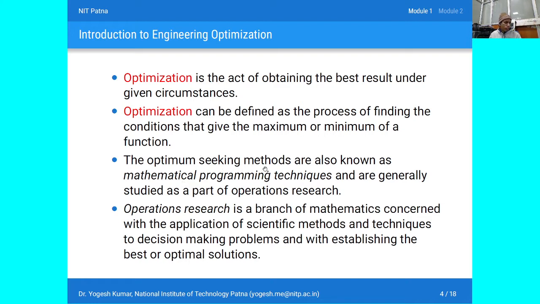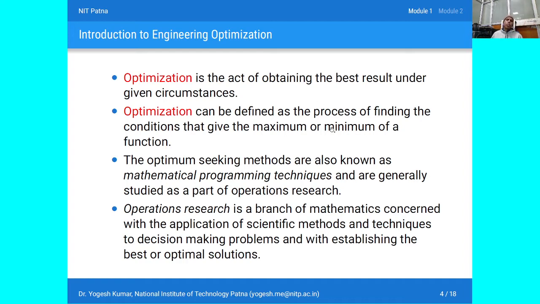In OR, we systematically and mathematically study the optimization techniques, which is nothing but either maximization or minimization of a given function in order to get the best results.